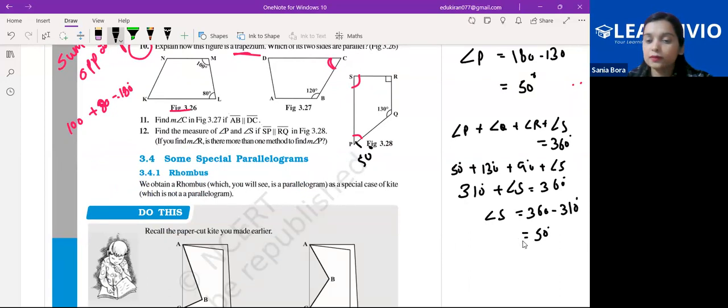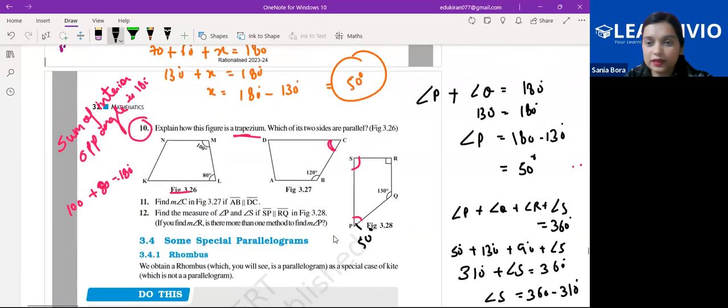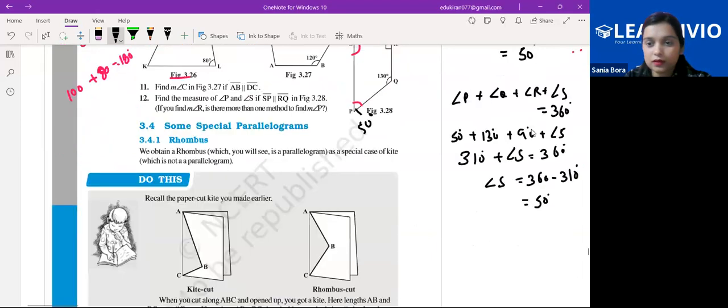Got it? Wait a minute, I think I did something wrong. Angle P is 50 degrees.